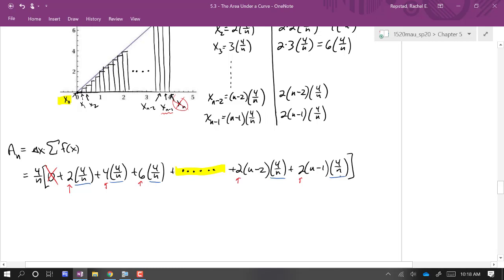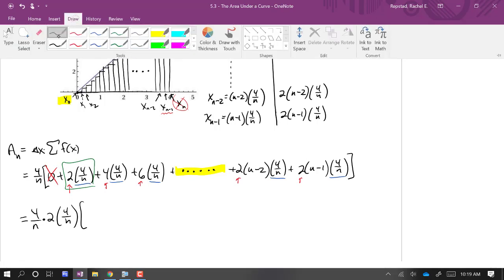So I'm going to factor out the 2 and the 4 over n. And then what's left? Well, if I factor those out, then this is just 1.